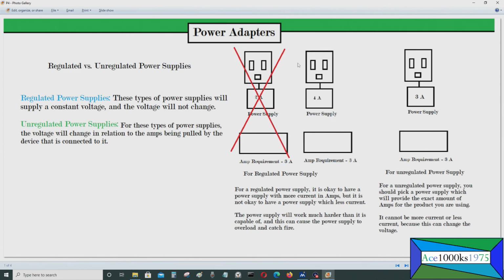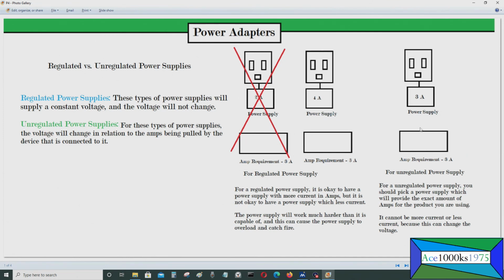So if you buy a regulated power supply, you could get the one that has the exact amount of amperage, but if it's over that, that's okay for regulated. For unregulated, that's a different story.